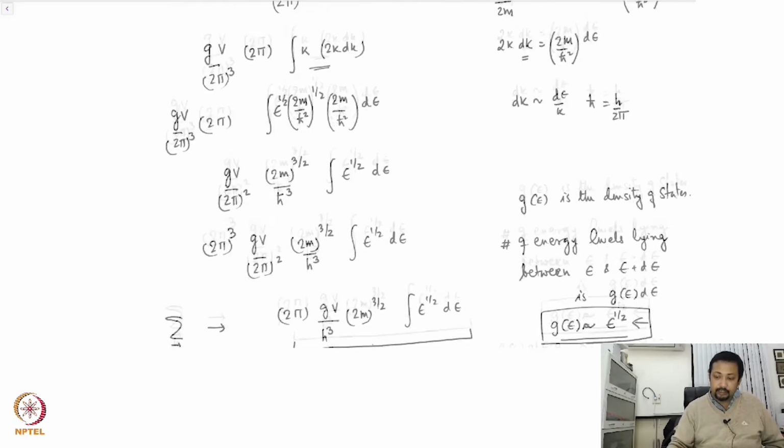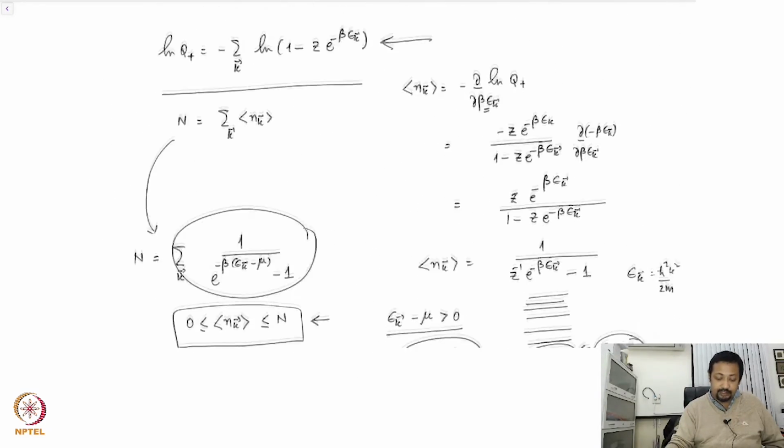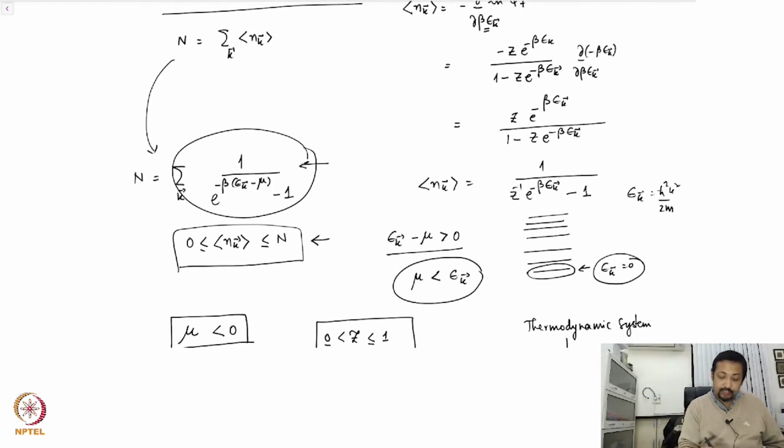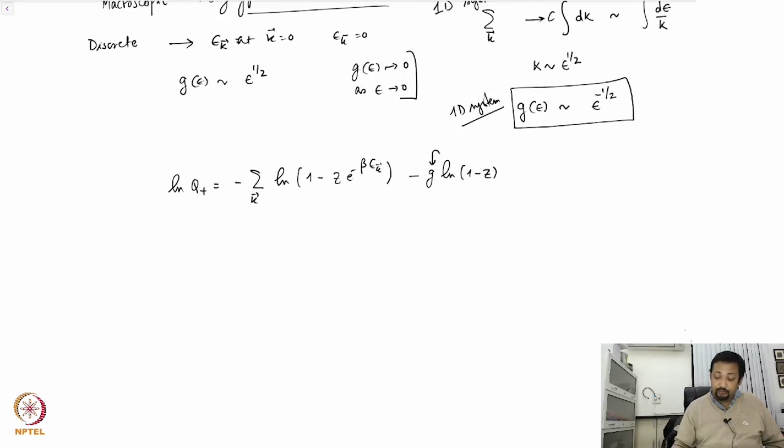Similarly, I can take a look at the average occupation number, which was n_k equal to 1 over (z inverse e to the power beta epsilon k minus 1), and the total particle number was the sum over k. This sum does not include the k equal to 0 value, because that's the value I have included over here.